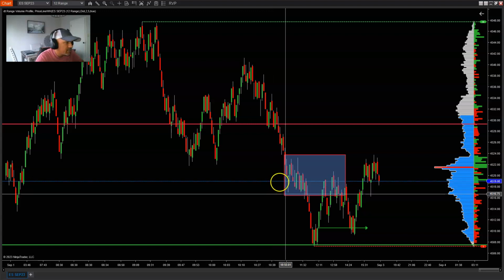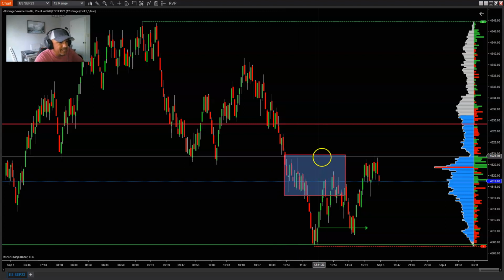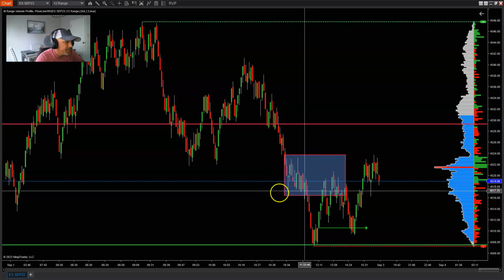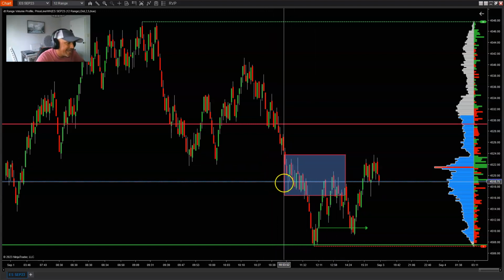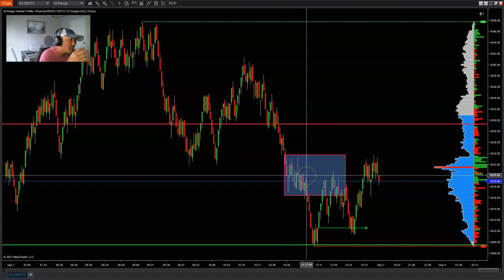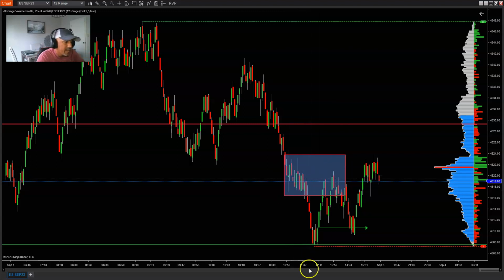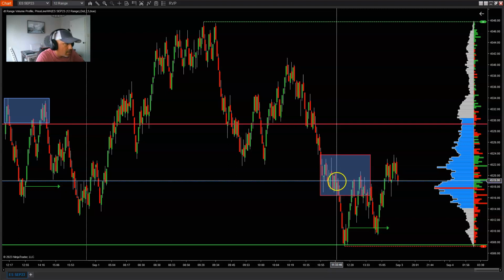Now I'm just scaling down to my 12 range, and this red box, outlined with the red, is the 24 range supply area that does have the imbalance, okay? I'm just showing it on the 12 range as well, the general area, okay? Now there is not an imbalance here that's going to show up on the 12 range chart, but we're taking a trade off the supply zone that was formed from the 24 range chart.